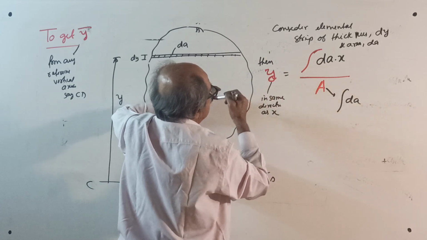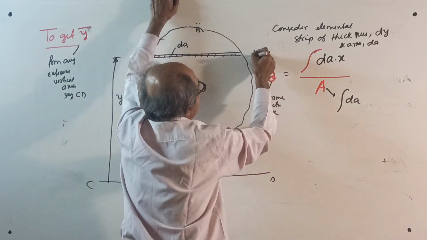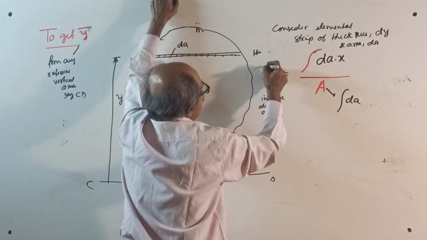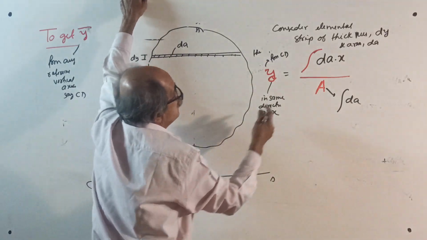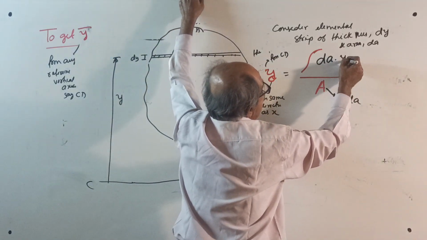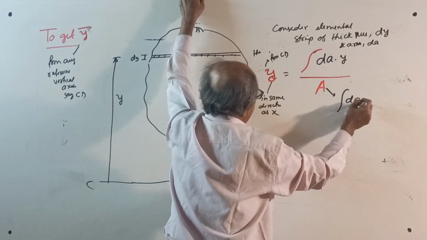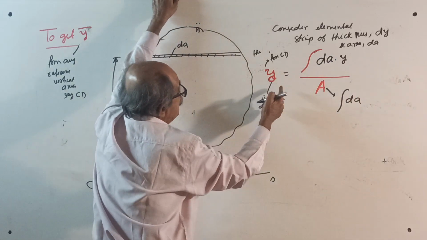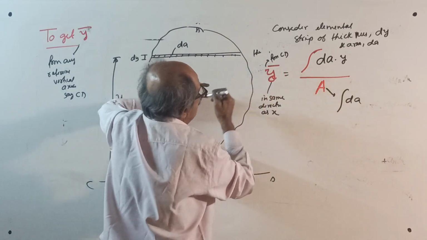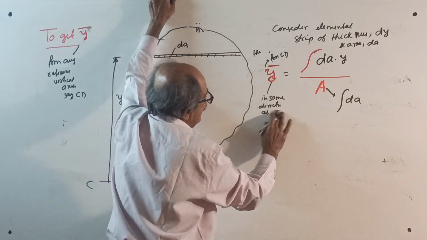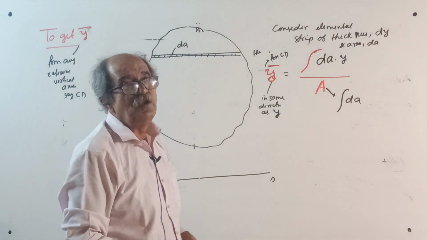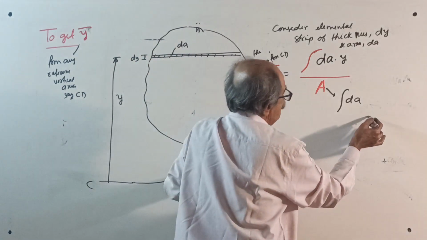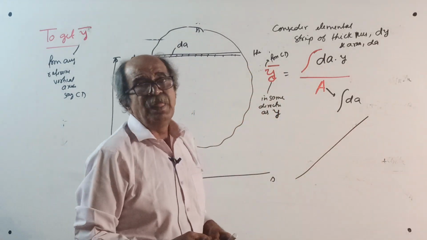Then y bar from the reference axis CD equals integral of dA into y divided by integral of dA. y bar will be in the same direction as y. If you take y above, y bar also will come above. We use this when I do a problem.